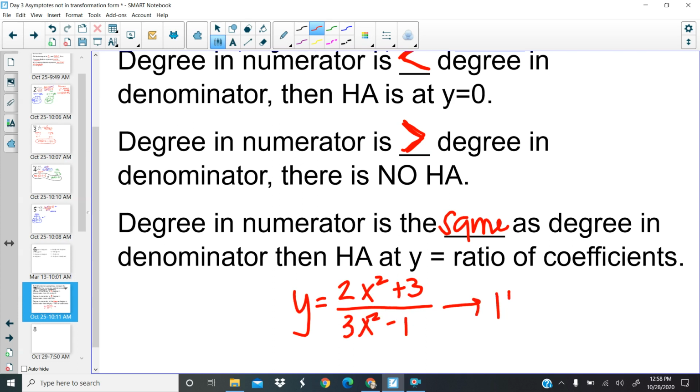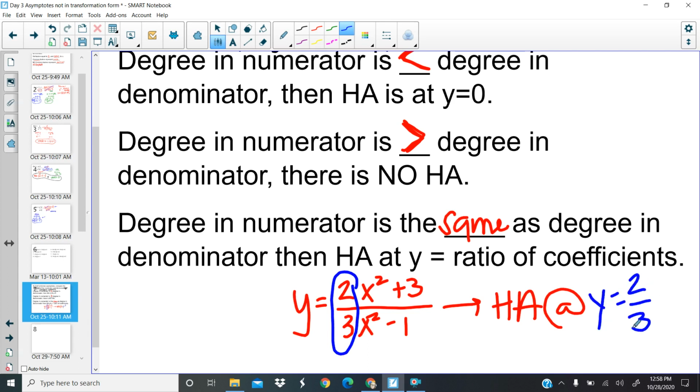Since your highest exponent in both is 2, you would have an HA at the ratio of your coefficients, which is just 2/3. I don't think I mentioned this before, but for horizontal asymptotes, your equations are y equals, and for vertical asymptotes, it was x equals. So just keep that in mind as you're writing the equations.